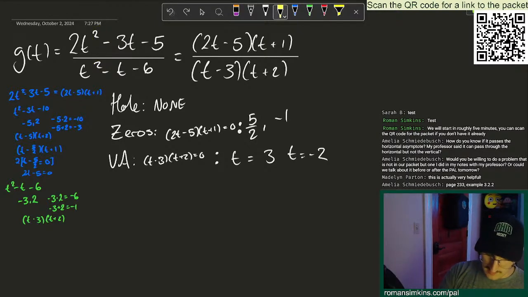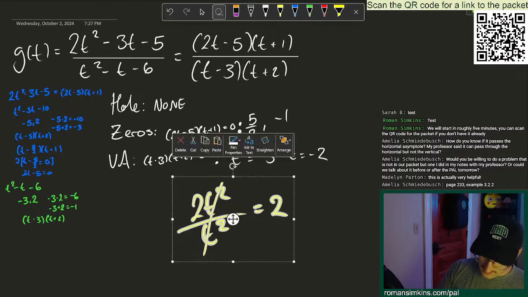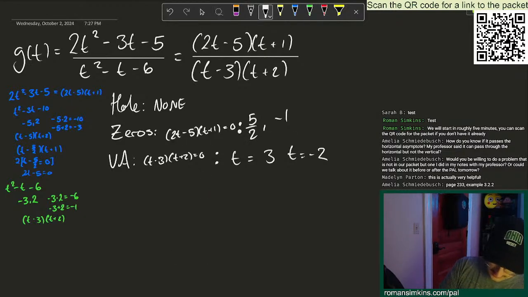Because those powers are equal, I want to divide their coefficients. So 2t squared over t squared, their coefficients are just 2, and so the horizontal asymptote is going to be y equals 2.